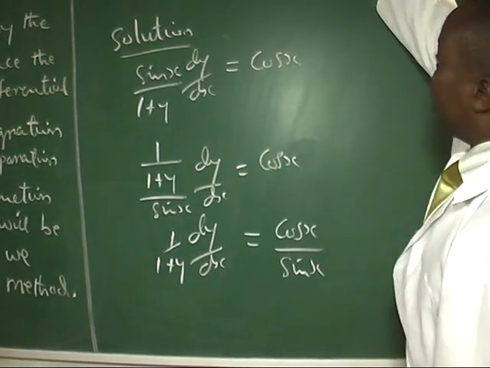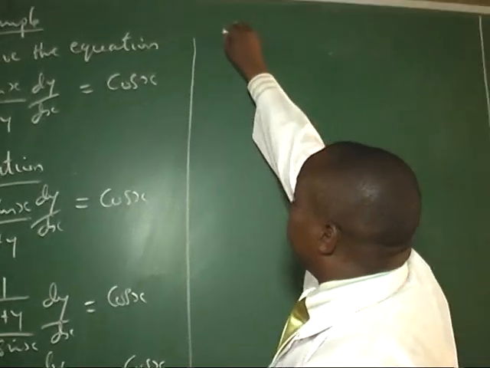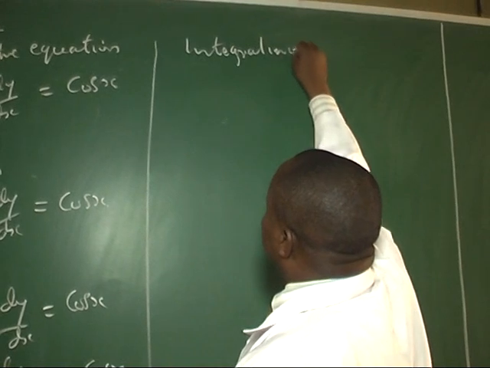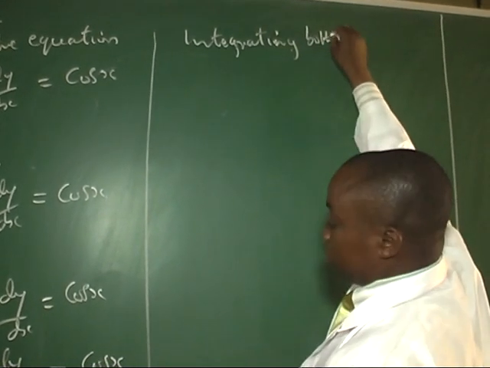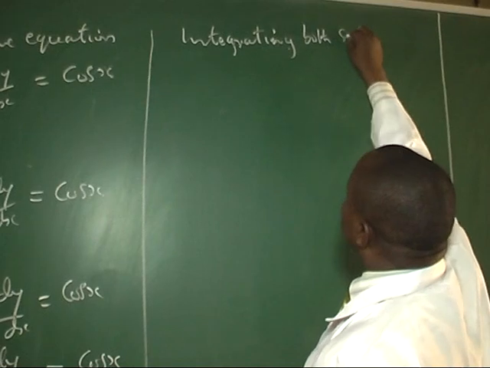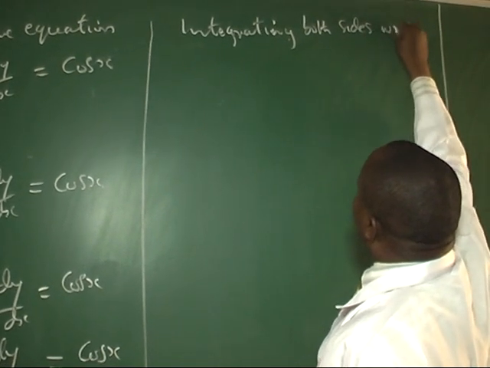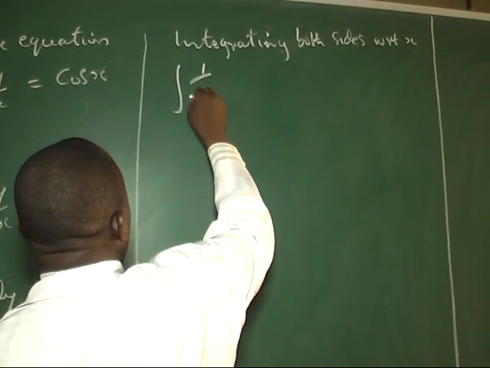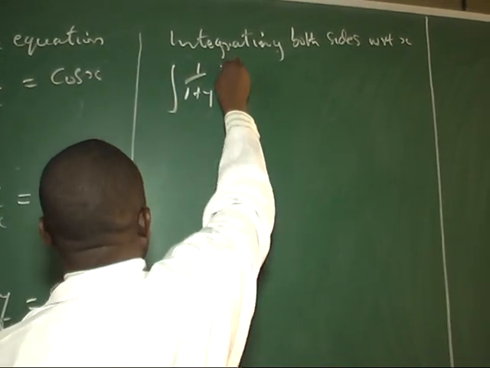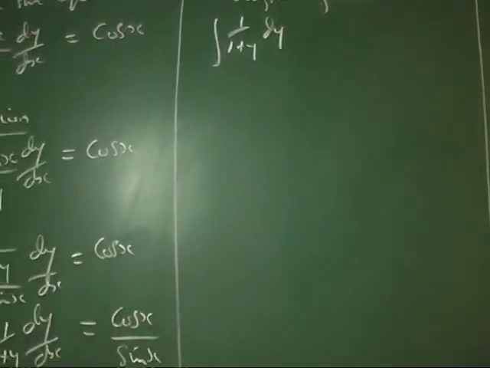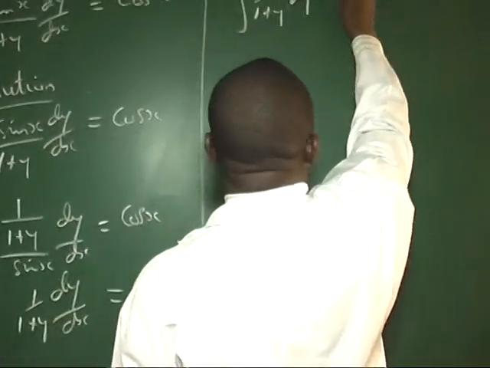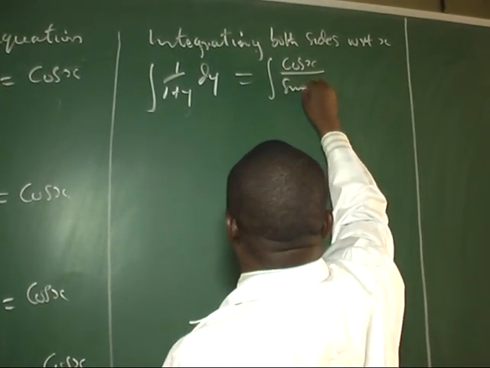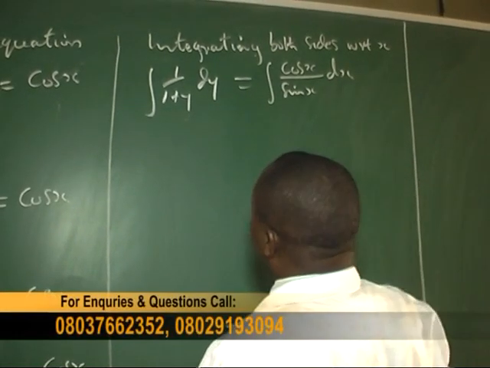So by integration, integrating both sides with respect to x, we have integral 1 plus y dy, because this will cancel this, will be equal integral cos x all over sin x dx.